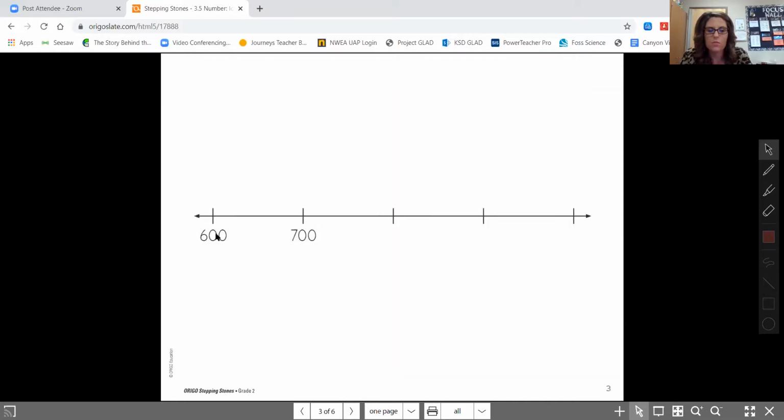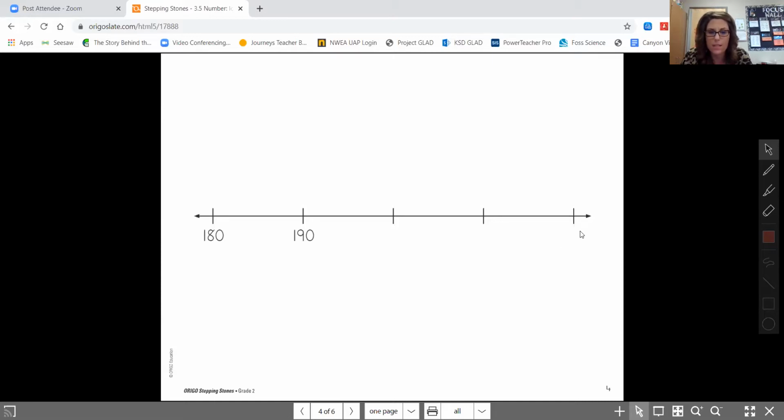Look at this one. This one goes 600, 700. What do you think these next three will be? Probably 800, 900, and then 1,000. That's what that one would represent. Ooh, this one goes 180, 190, 200, 210, 220.